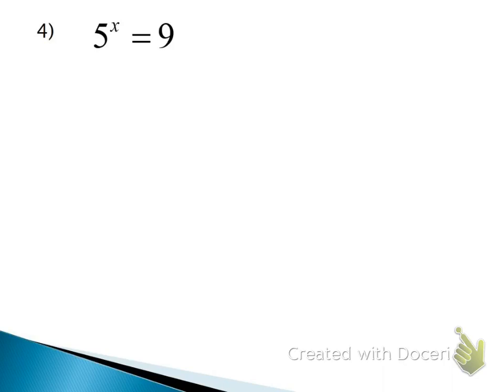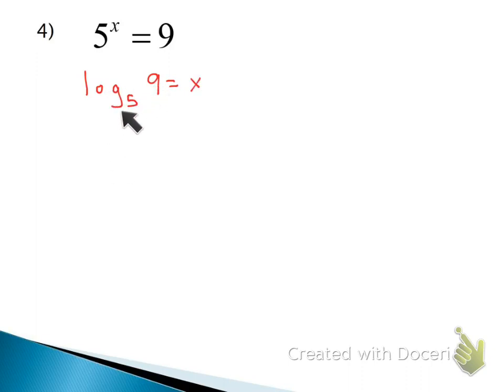So what would it be in log form? Ms. Rice, this would become what in log form, hon? Log base x. Ooh, careful. Or 5. Yeah, your base is 5. So log base 5 of 9 equals x. And guys, grab your calculators.